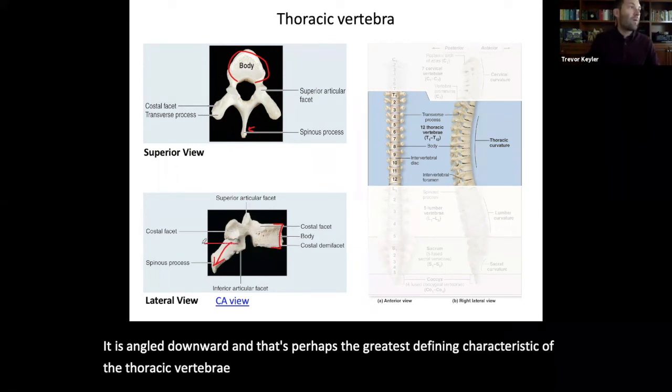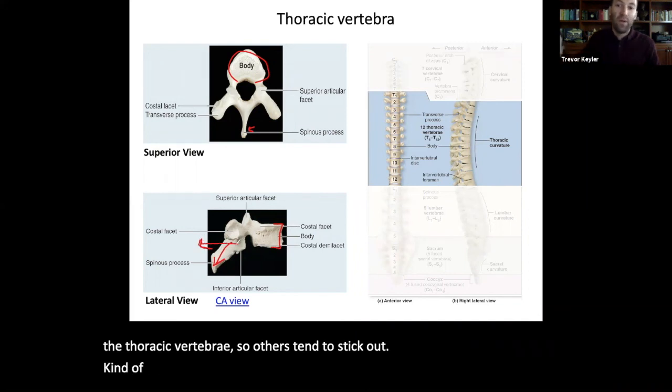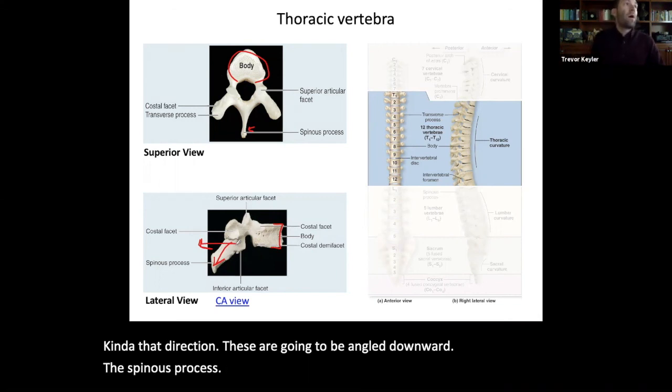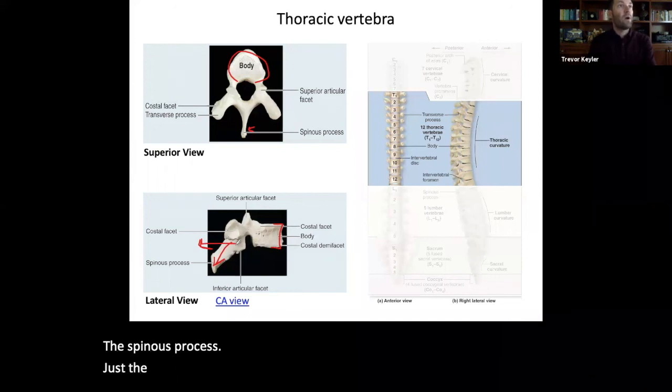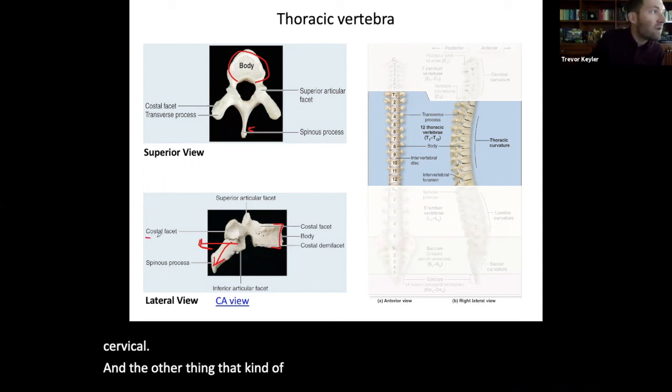The others tend to stick out in that direction. These are going to be angled downward, the spinous process. Just like the lumbar vertebrae, there are no transverse foramen up here. Those are only on cervical. And the other thing that differentiates these are the costal facets.